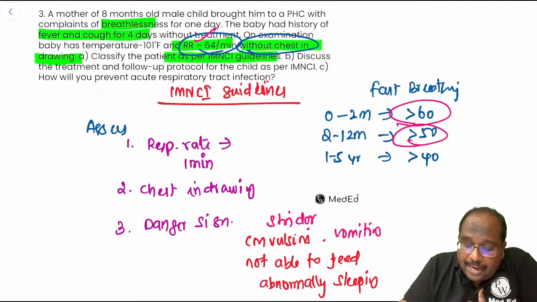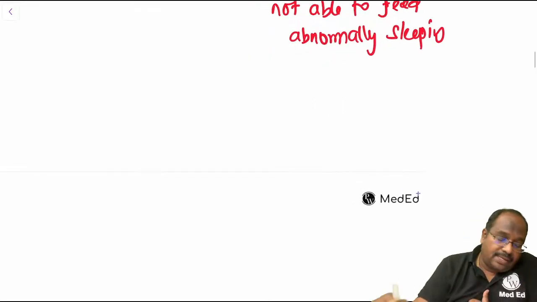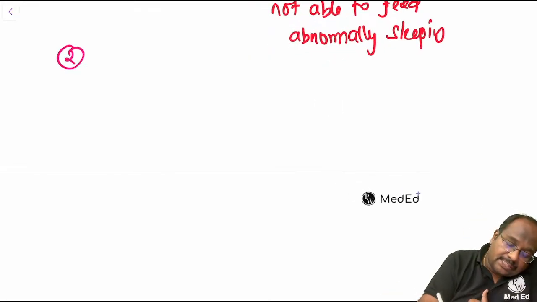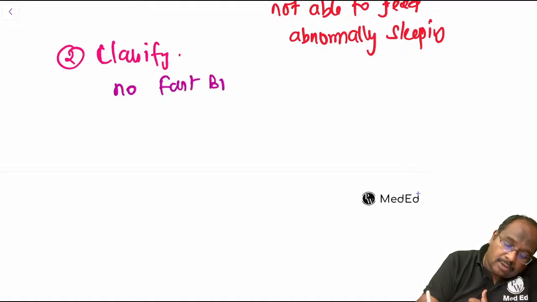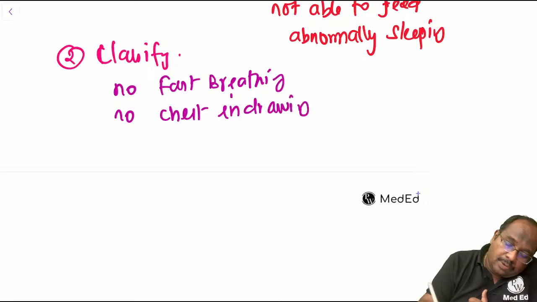So how are we going to classify them? Now we have assessed this. The second step is classification. No fast breathing, no chest indrawing, no danger sign.